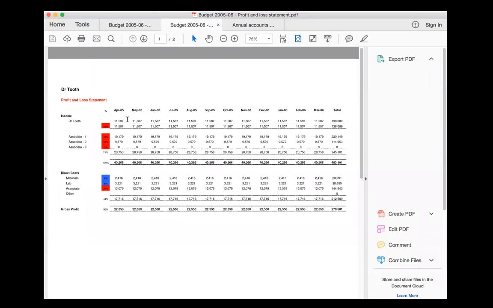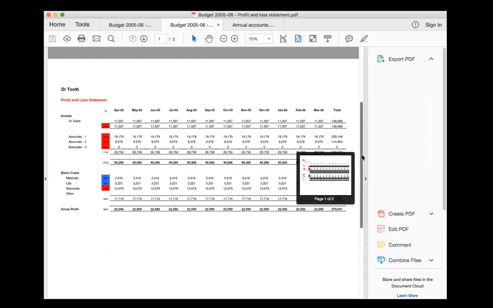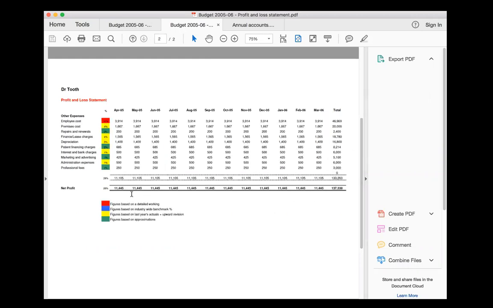This budget is showing Dr. Tooth and all his associates, each month, what the income budget is, what the cost budgets are, materials, lab, etc. What you're trying to do is predict how you're going to do in the year, and then the other costs, and how you're going to get on with profits at the end of the year. So in this instance, they're trying to achieve a profit of 137k.